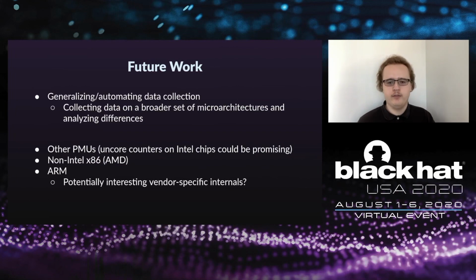And so they'll also have probably similar counters, whether they actually expose ones that aren't documented, I'm not sure of, but there's research to be done there. And then, of course, there's also ARM, yet another kind of player that's up and coming on the field. With ARM in particular, there's potentially some vendor-specific internals, which could be interesting to poke at. Again, haven't done any of this yet, so they could be very boring, but there's potential there.